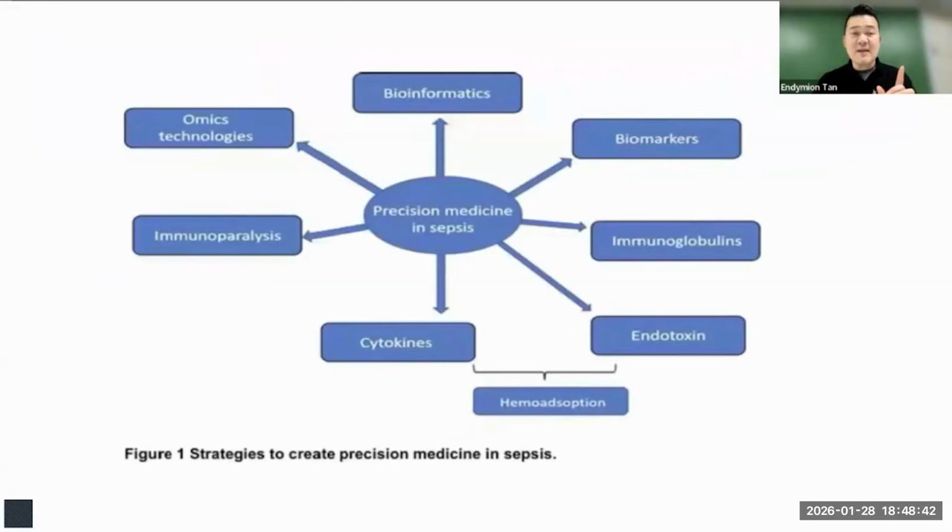Because precision medicine is more of a holistic approach. In sepsis, you'll be dealing with the bioinformatics about your patient, the biomarkers, immunoglobulins, toxins, cytokines, and down the line. So this is a new approach on how to help us diagnose. Because if you are able to recognize and diagnose, you'll be able to treat your patients earlier with a better outcome. So I think this is the last slide of my lecture.